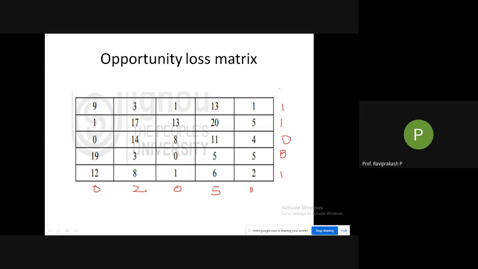Zero. Column. Just check whether you have got these values. Yes, sir. Okay. Then further, what have you done? Are you getting the assignment or not?